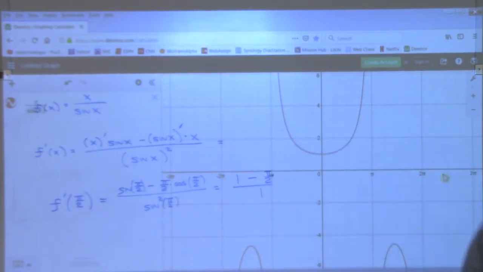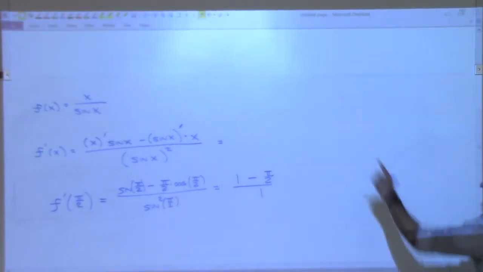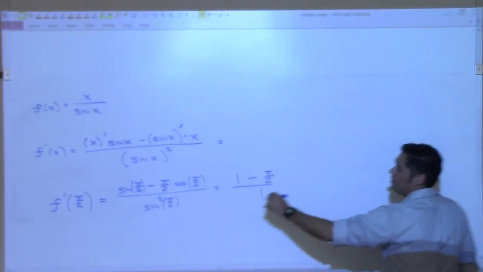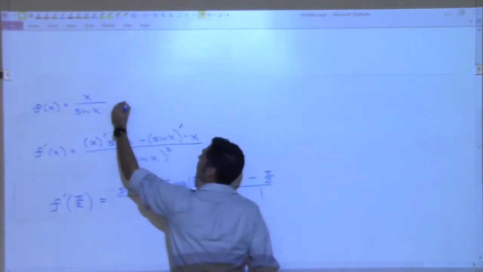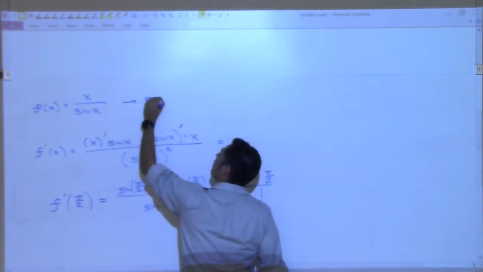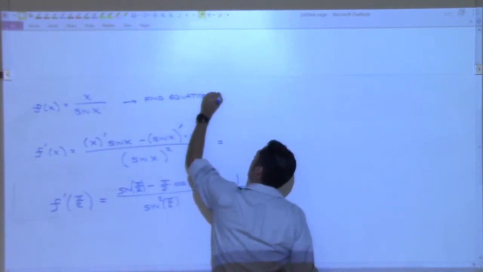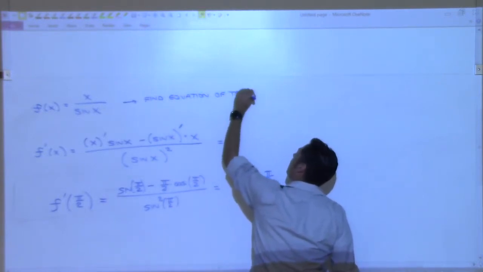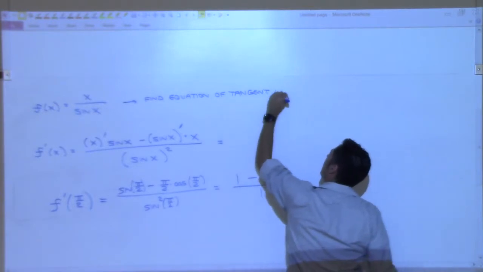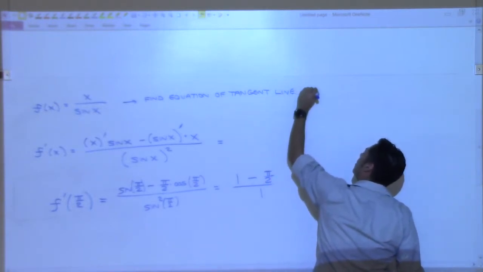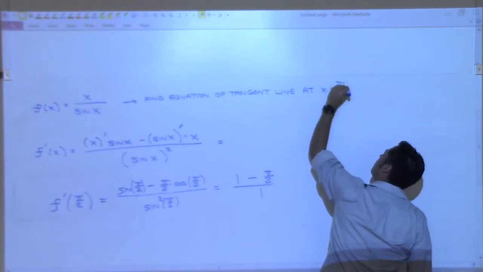Let's add one more layer to this problem. Same problem I have right there, but I'm going to ask you something different now. Starting here, find the equation of the tangent line at x equals pi over 2.